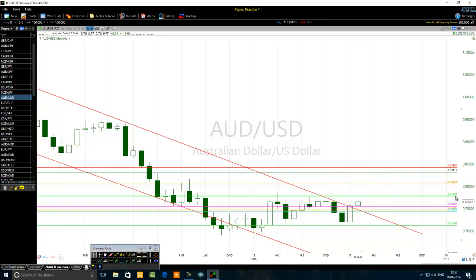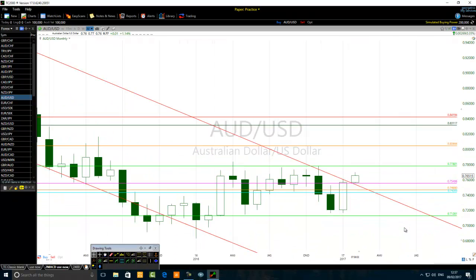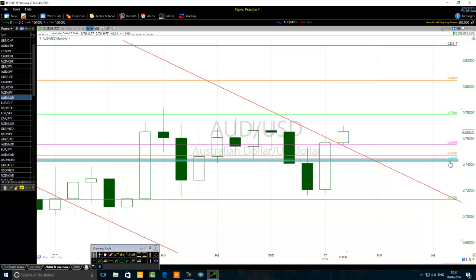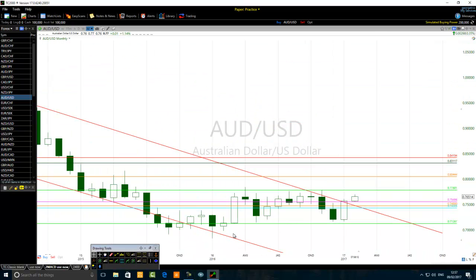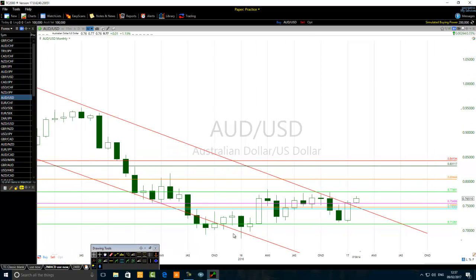Okay, very important level, because there is a consolidation here between 7126 and 7780. The median line is somewhere near 7430. Okay, that's where the median line is. All right, so that's what we see on the monthly chart.